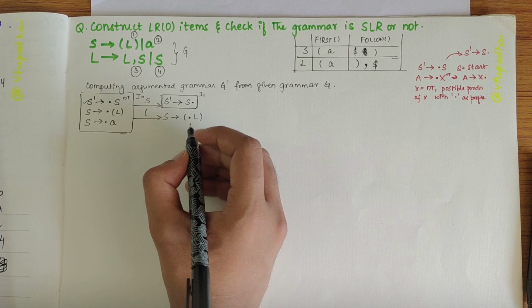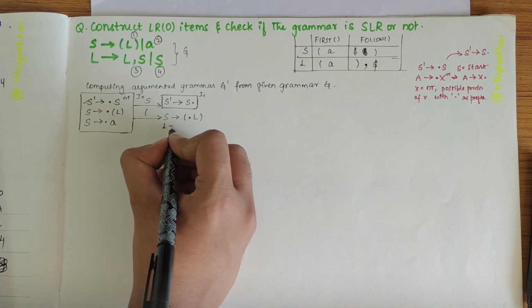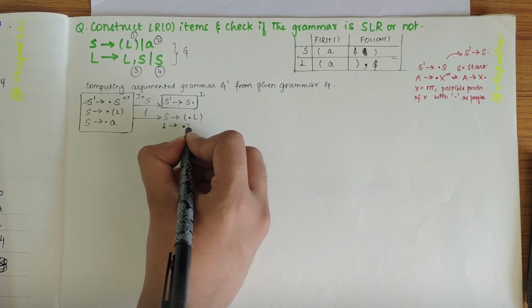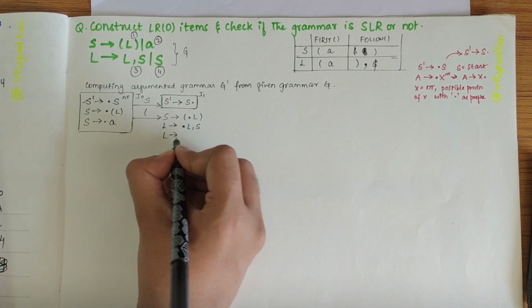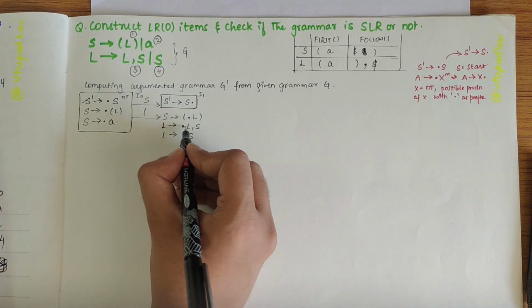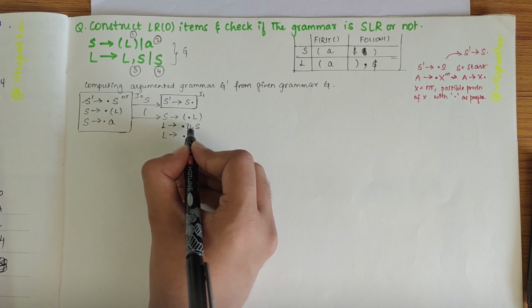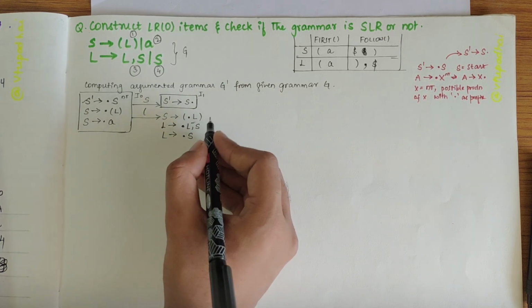Here L is a non-terminal, so I should write all the possible productions of L with dot in the starting. So L derives dot L comma S is the first production, and L derives dot S is the second production.